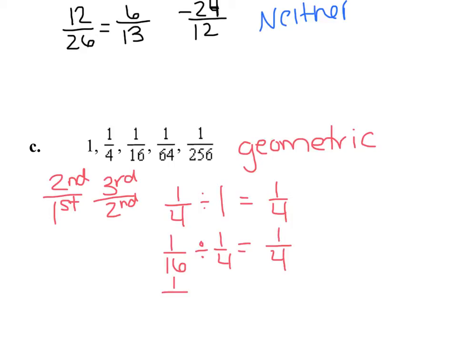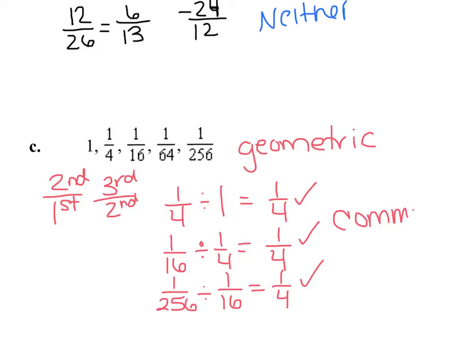And if I did 1 over 256 divided by 1 over 16, I would get 1/4. So you can see every time I got the exact same number. That is known as my common ratio, and that means I have a geometric sequence.